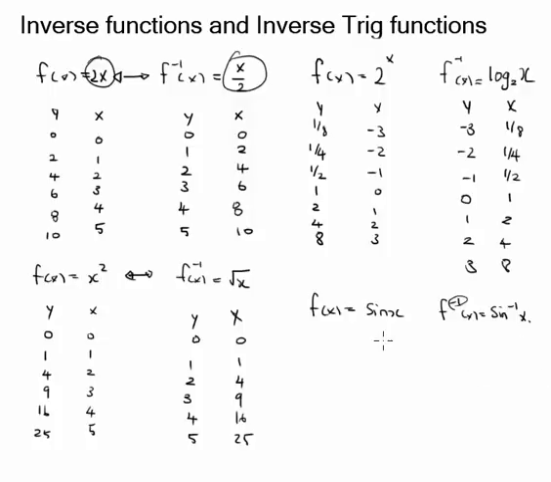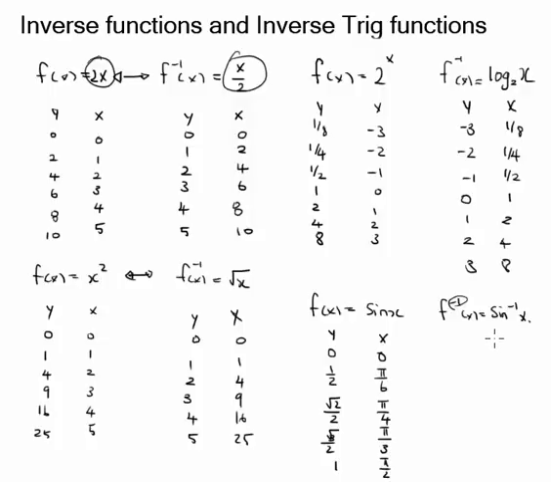All right. So when x values are, for example, 0, pi over 6, which is 30 degrees, pi on 4, pi on 3, pi on 2, the y values are 0, half, square root 2 on 2, square root 3 on 2, and 1.